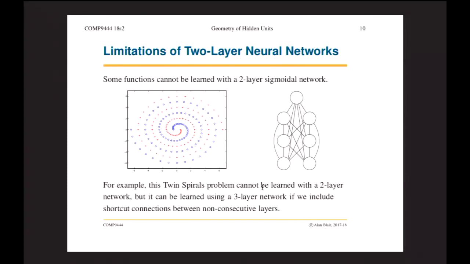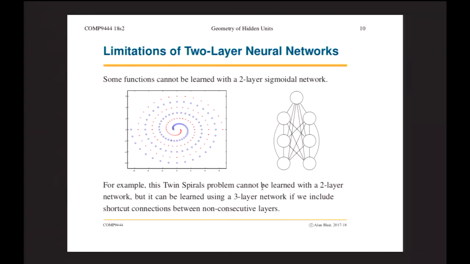Well, this is a specific data set that was invented around 1989 just for the purpose of visualizing something that can't be learned by a 2-layer neural network. The idea is you've got 2 inputs, which are the x and y coordinates of these dots, and the network is supposed to output either 0 or 1.